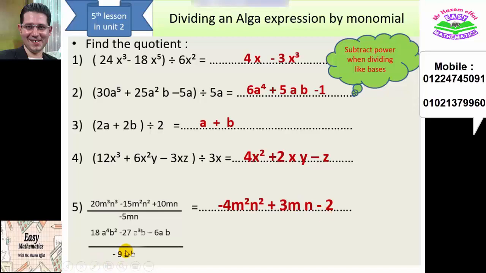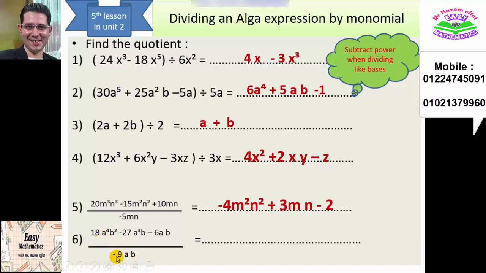Finally, number 6 here, the same. He gave me this algebraic expression: 18a^4b^2 minus 27a^3b minus 6ab, divided by negative 9ab. How do we divide this algebraic expression by this monomial?